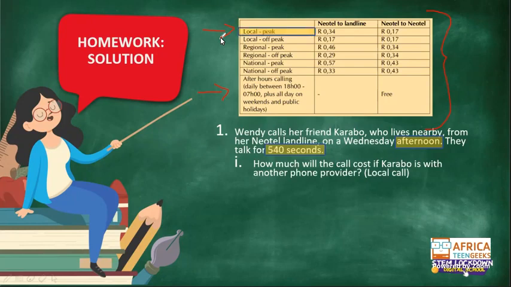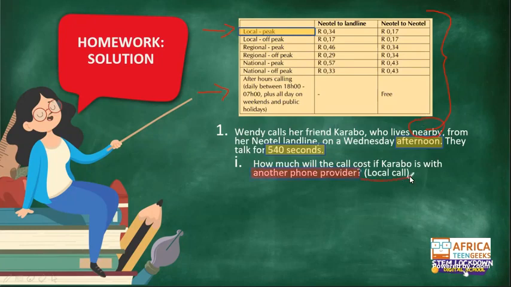Okay, so there we go. It's a local peak call because they also say her friend lives nearby. Over here, we can see nearby. So we know that it is a local call. And it also states it here. Remember, I gave it to you guys in the question. It is a local call.